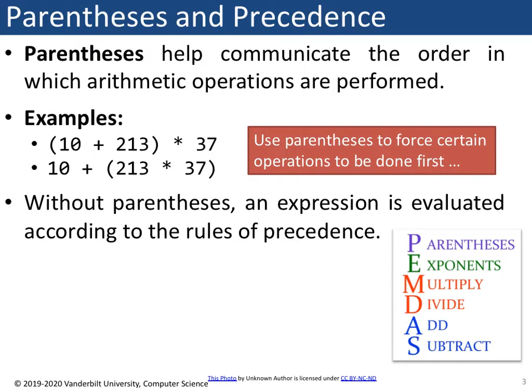So parentheses, exponent, multiply, divide, add, subtract, with parentheses being the highest priority in the list. Just as we use parentheses in mathematics to designate and establish a priority, we can use parentheses in expressions when programming to establish priority as well.